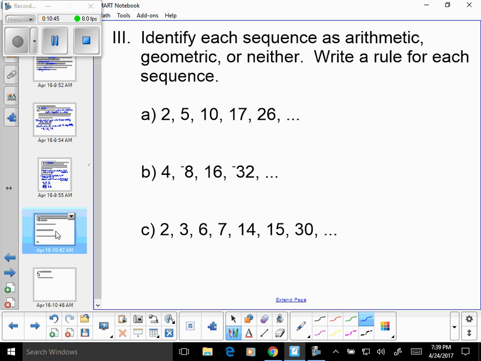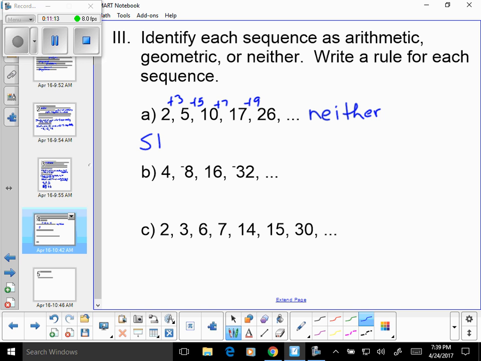If we look at this first example, 2, 5, 10, 17, 26. There's really no way to go from 2 to 5 that will also work for 5 to 10. In fact, here they've added 3, then they've added 5, then they've added 7, then they've added 9. So this is called a neither, because you are not adding the same number every time.